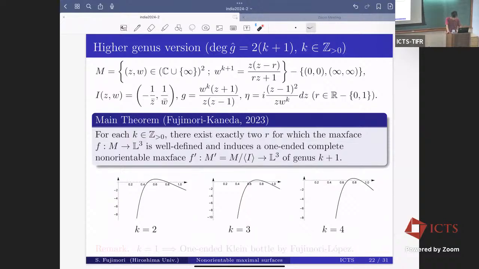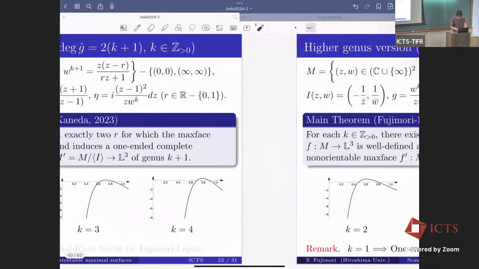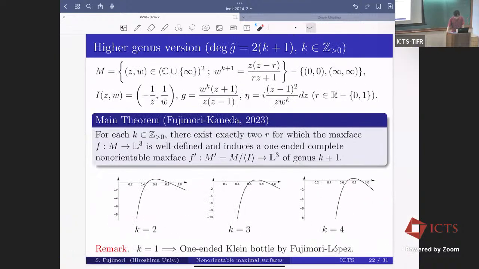Okay, so the graph changes slightly. This is k equals 2, k equals 3, k equals 4. It changes slightly, but always has 2 solutions. And also, if we put k equals 1, the surface is exactly the same as the surface we constructed 14 years ago.